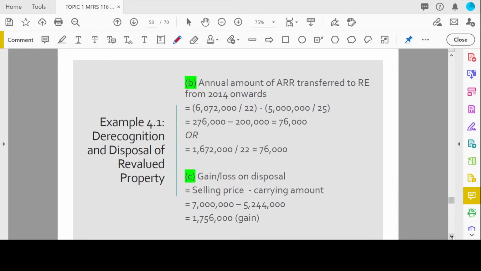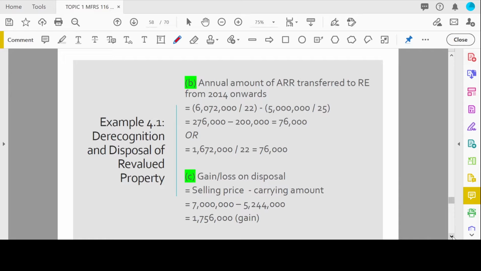We have accumulated that amount in equity, in asset revaluation reserve. So now we have surplus in the asset revaluation reserve account. How much is the surplus? 1.672. How much is to be transferred from ARR to retained earnings every year?